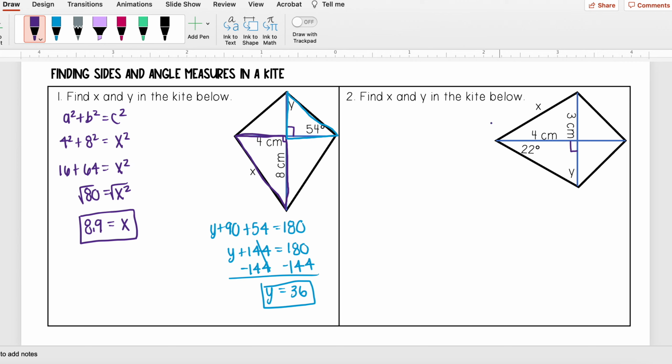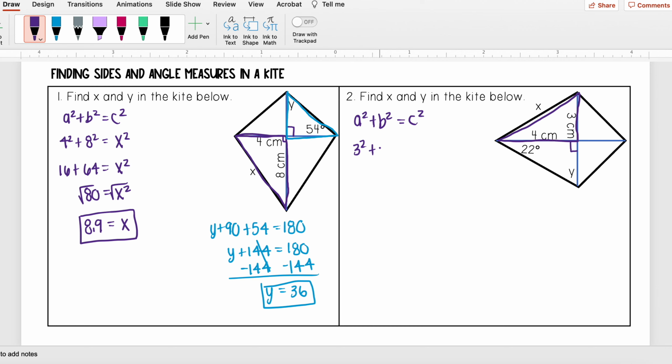Okay, let's look at another one. So here, I want to find x and y in the kite below again. So I'm going to do what I did before. I'm going to separate these into two different right triangles. And so to find x, I want to use the Pythagorean theorem again. So I have a squared plus b squared is equal to c squared.